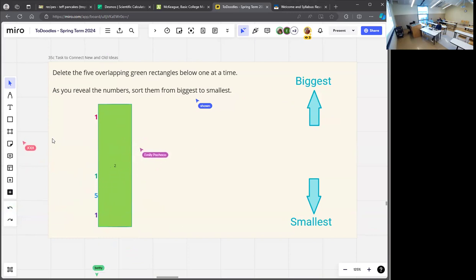Okay, so of these numbers, we don't know what they are, right? There's a whole bunch of stuff that's covered up and we don't know what these numbers are. But just by seeing the ones and fives, which number do we know has to be the biggest? The 5, yeah, so go ahead and drag that where it says biggest.